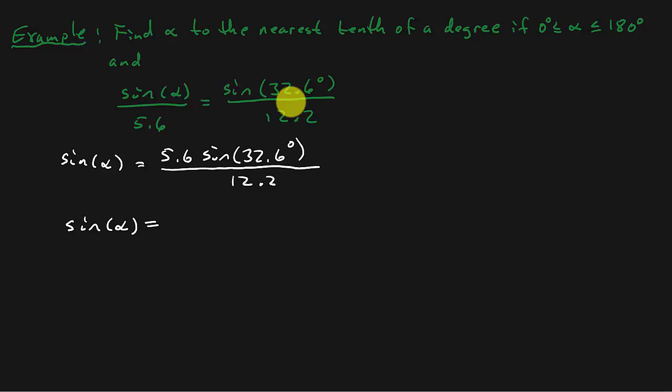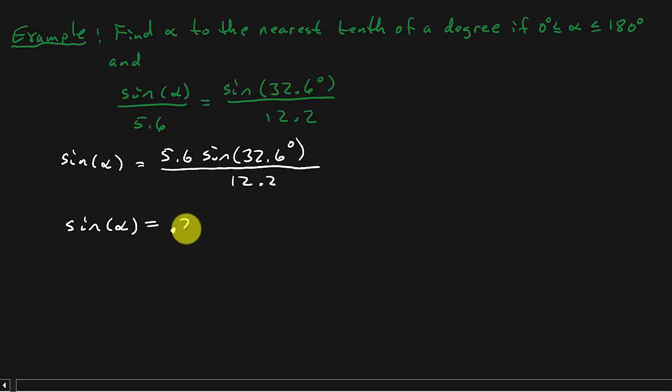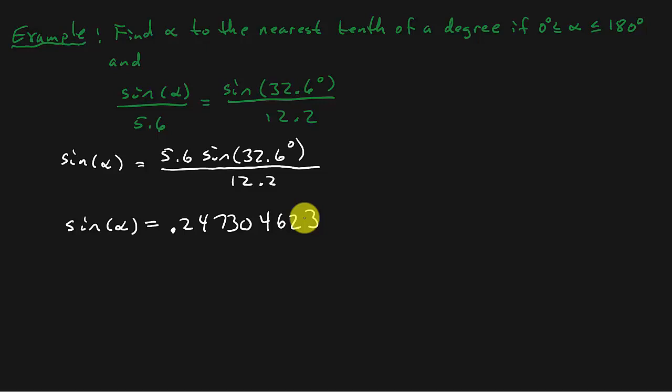So that's going to be 5.6 times the sine of 32.6, and then we'll divide that by 12.2. And that gives us 0.247304623. Now, I know in the past, in these other problems, I've been rounding the angle measure.